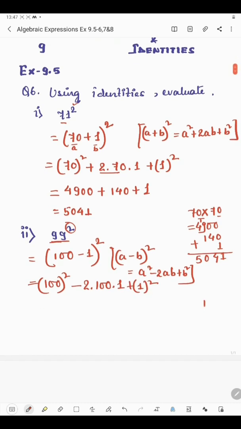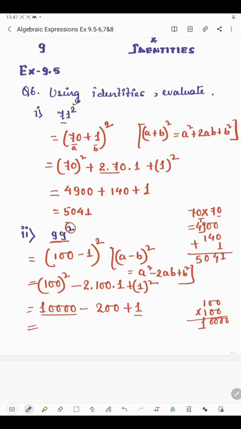Now 100 into 100: how many zeros are there? 4 zeros in total. And 1 into 1 is 1. So it's 10,000 minus 2 into 100, which is 200, 200 into 1 is 200, plus 1.